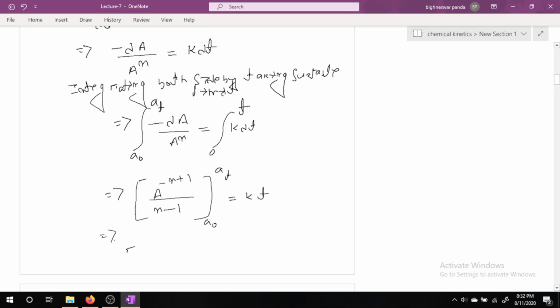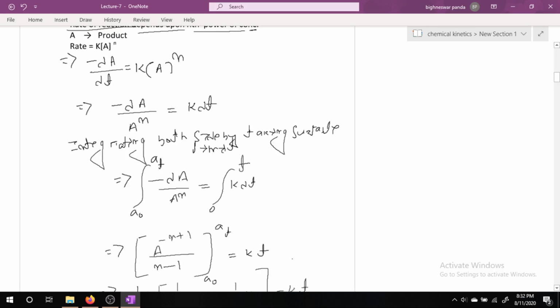By solving this I can get 1 by n minus 1, and A power minus n plus 1 comes below as A power n minus 1. By solving the limit I can put 1 by n minus 1 into 1 by A t power n minus 1 minus 1 by A naught power n minus 1, and it will be equal to Kt. So this is the derivation of the rate constant for nth order.